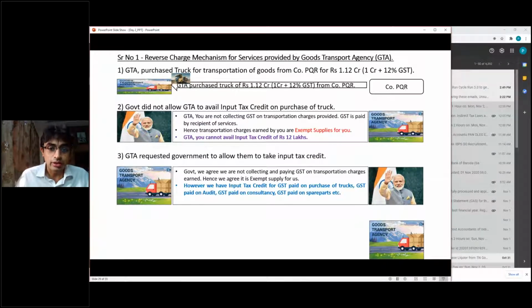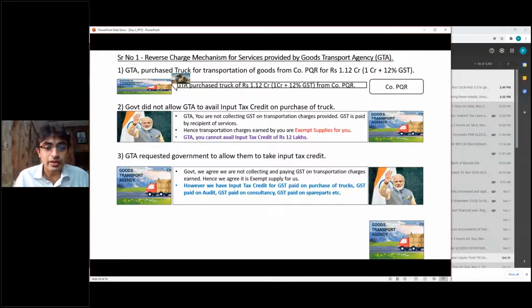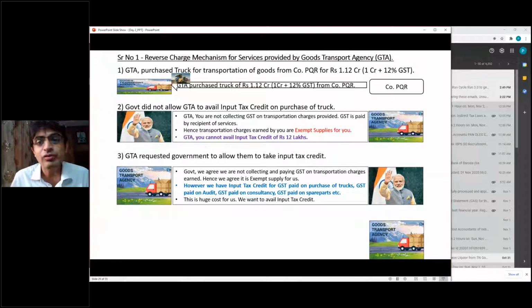GTA said, I agree that whatever amount we are earning, we are not collecting GST and we are not paying GST. Recipients are paying. I agree it is exempt, but we have purchased trucks, we purchase tires, we take audit consultancy service, we pay so much GST. If you do not give me input tax credit, we will be history.